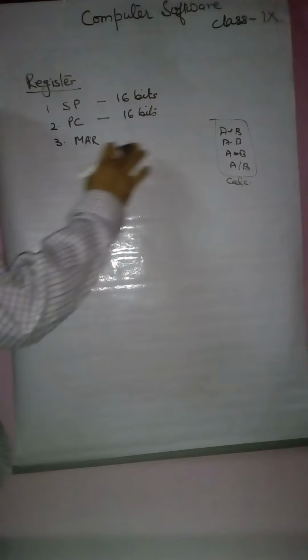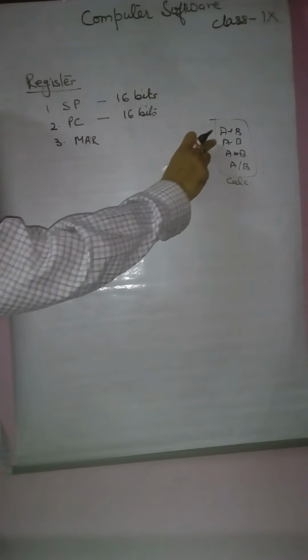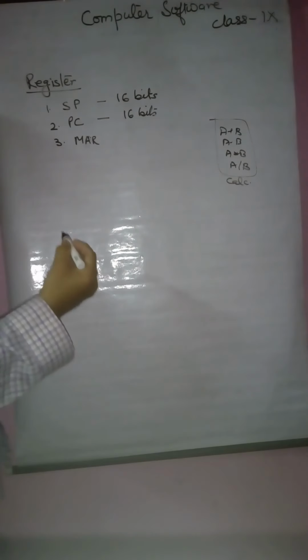Then calc is the process, and a plus b, a minus b, a into b, a by b are the sub processes. Now program counter maintains the record of these sub processes, and what does the MAR do? MAR maintains the address of operands a and b which are stored in primary memory.